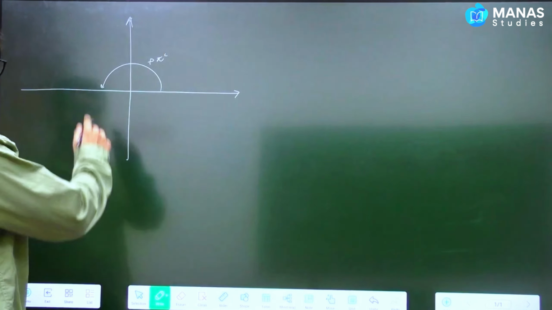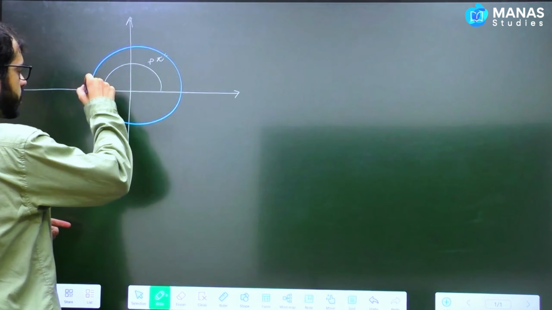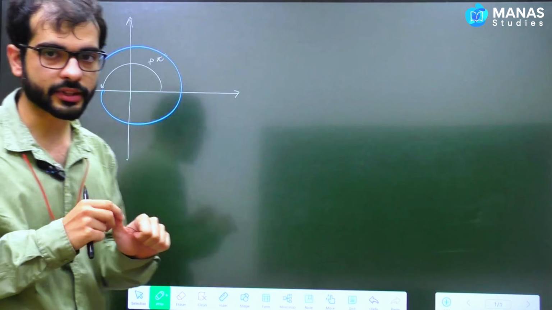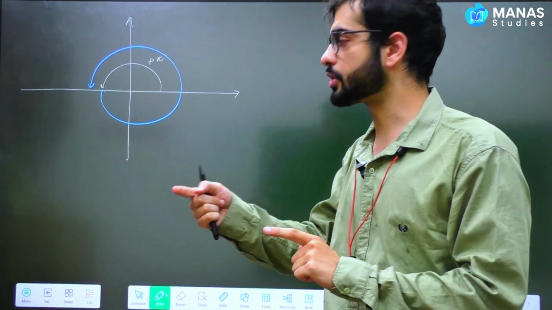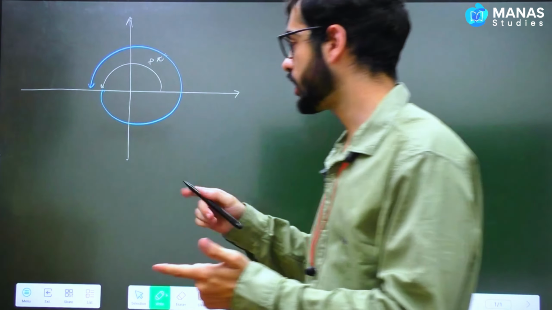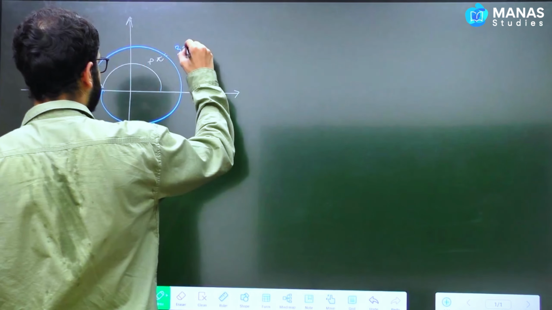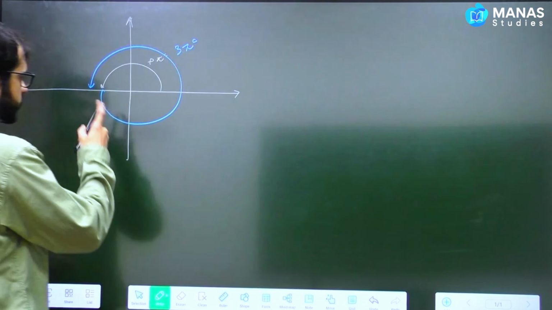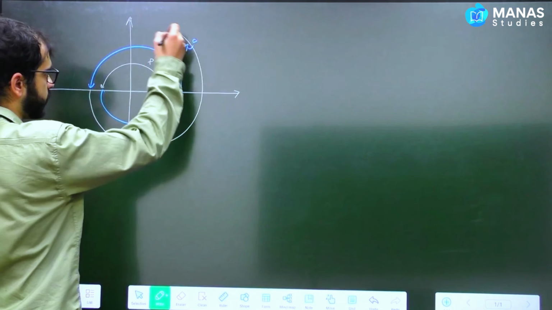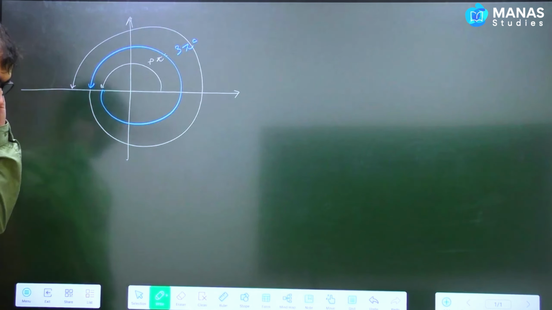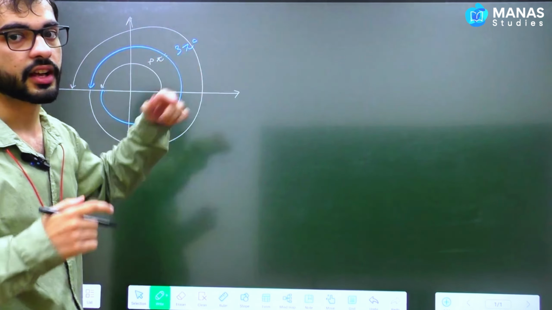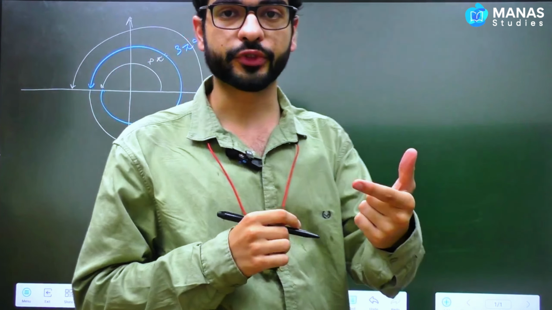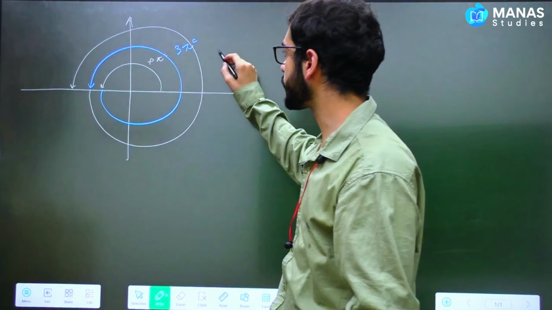If I do not stop over here and I make another round, what happens? Pi radians was something that I already had. Now I moved 2 pi further than that previous position, so it will become 3 pi radians. So my new angle will be written as 3 pi radians. Now if instead of stopping over here, I make another round, what will happen? The previous angle was 3 pi radians. Now I added 2 pi to it. So finally it will become 5 pi radians.